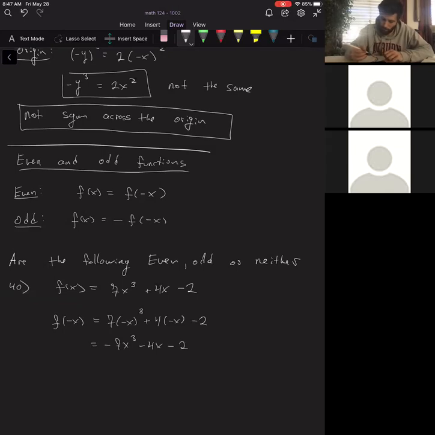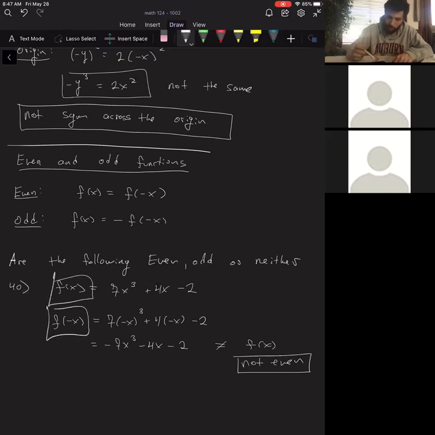But if we look at f of x and f of minus x, this is not the same thing. This does not equal f of x. So we know that's not going to be even, because if it was even, f of minus x has to equal f of x. Here we have f of minus x, here we have f of x. Those two things are not the same thing, so it's not going to be even.